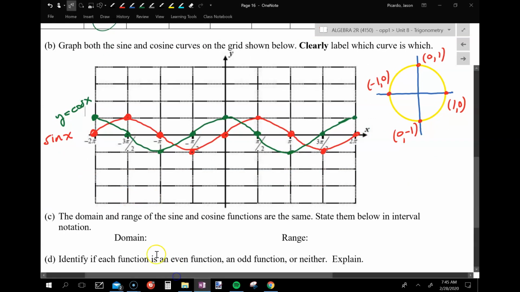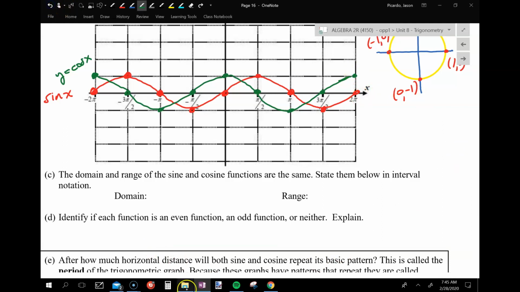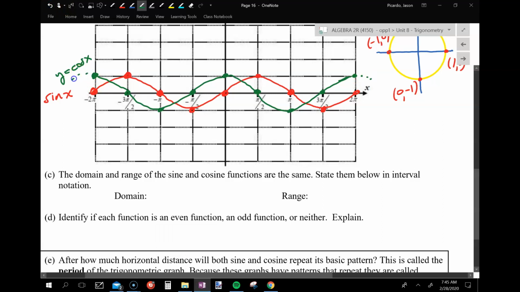So if I asked you guys about domain, and I asked this question a few minutes ago, I said, guys, is this a complete graph? You said no, because I need to put some arrows. Do this, guys, dot, dot, dot, because these things just keep going, okay?